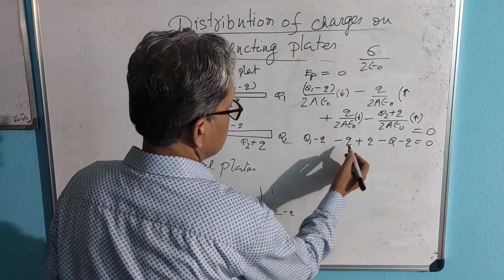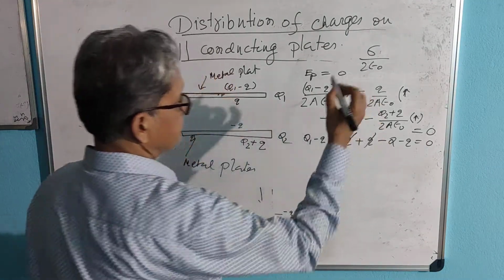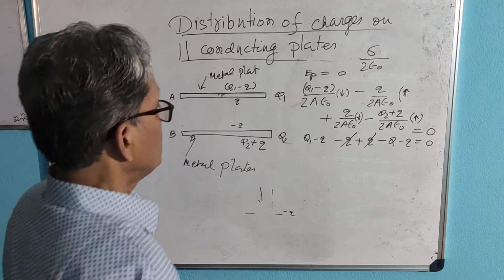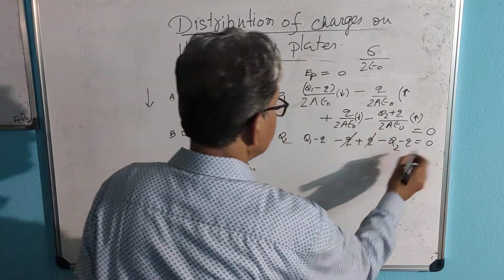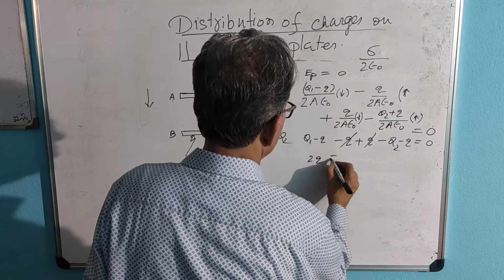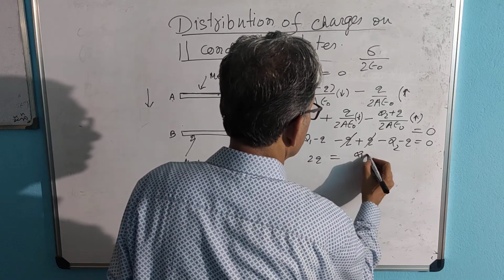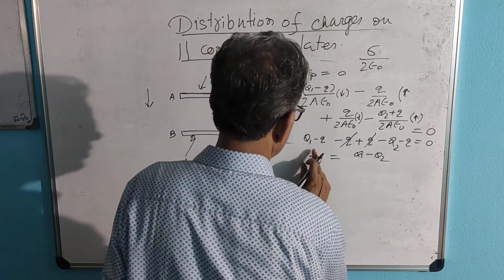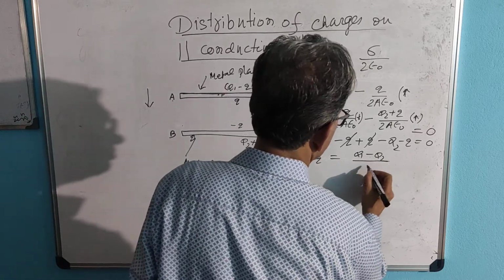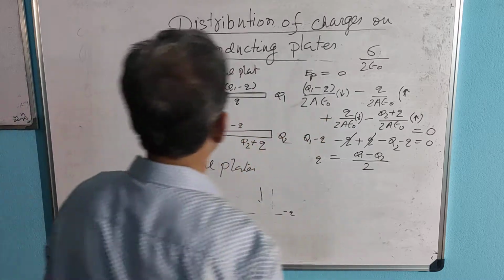And what ultimately comes out? Q1 minus Q2 minus Q, so twice Q equal to Q1 minus Q2. Okay? So Q equal to (Q1 minus Q2) by 2.